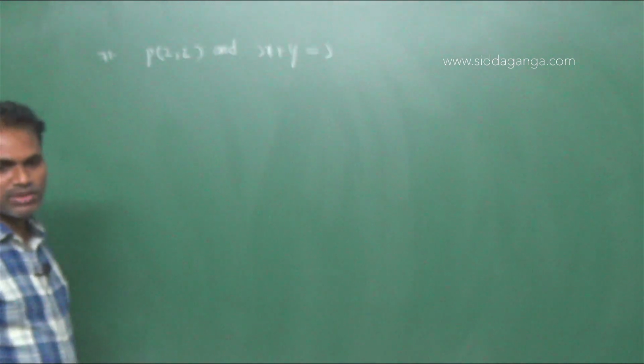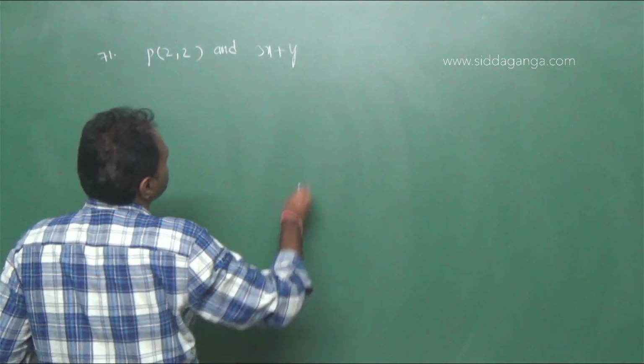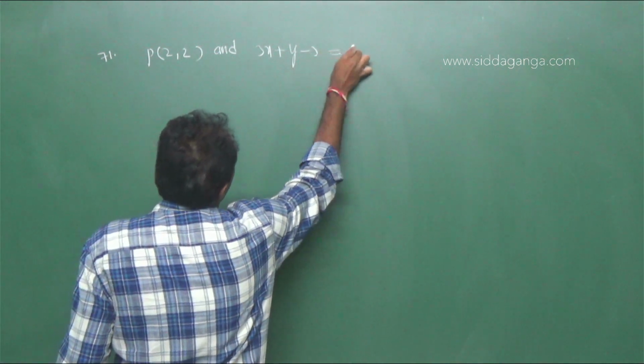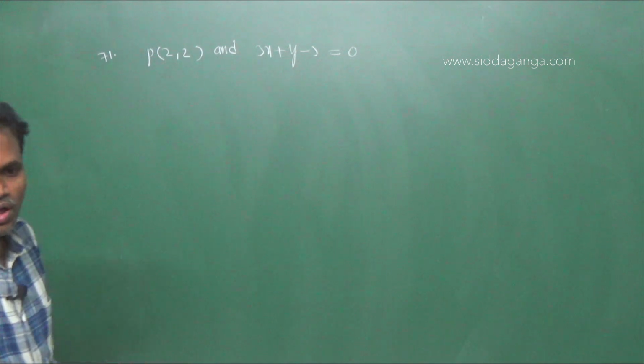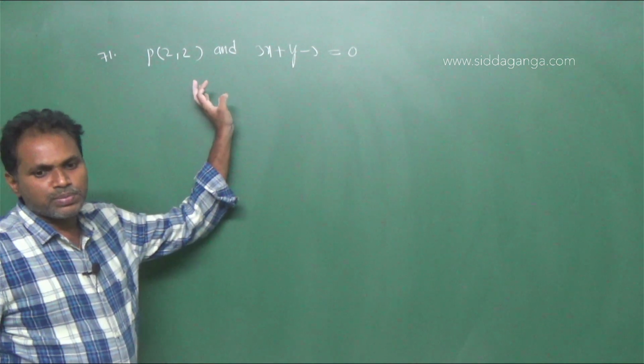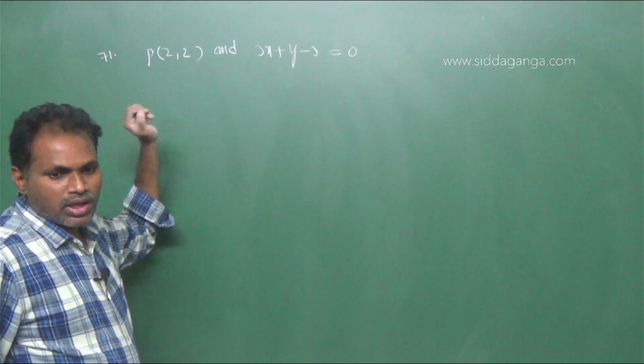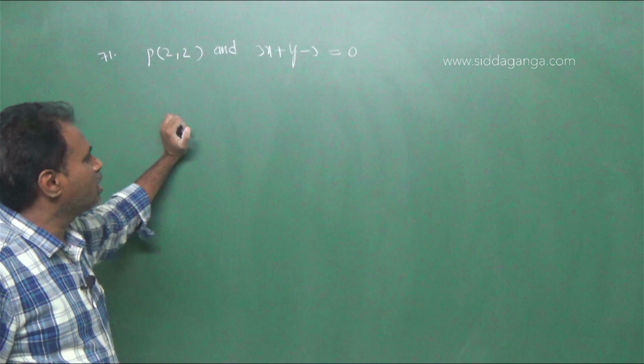Moving the 3 to the left side, that is 3x plus y minus 3 equal to 0. Now a line passes through point 2 comma 2 and is perpendicular to this line. Then what is its y-intercept?